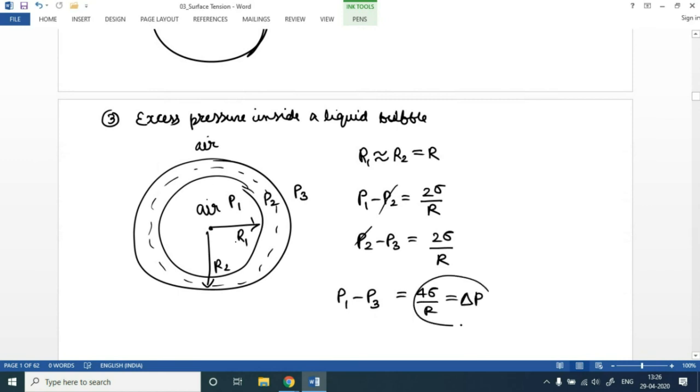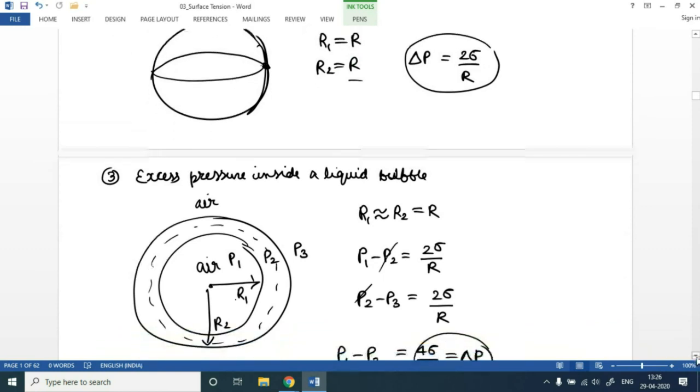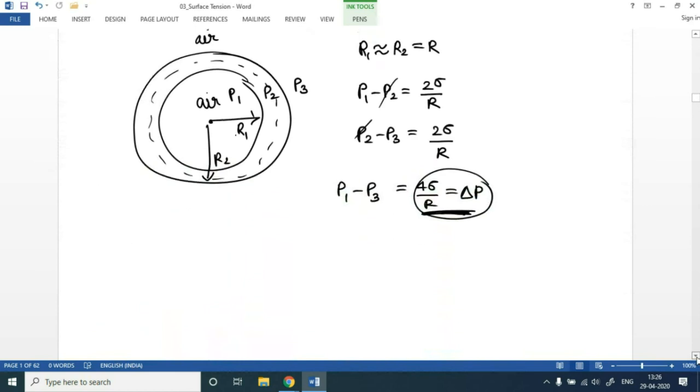Please understand the difference between these two relationships: this is the excess pressure inside a liquid bubble, and the previous result was the excess pressure inside a liquid drop. Okay, that being said, let's take one simple question here.